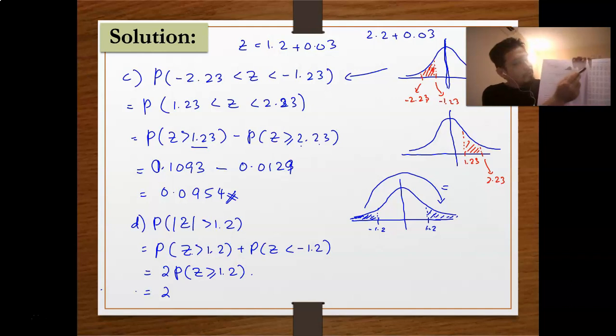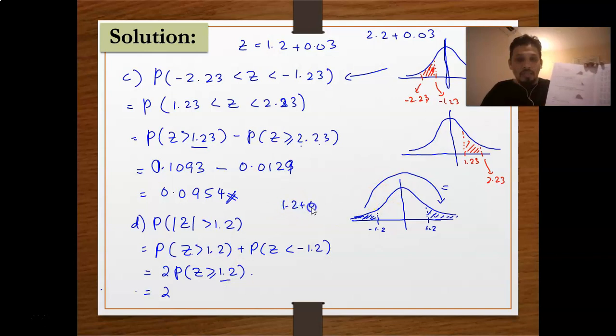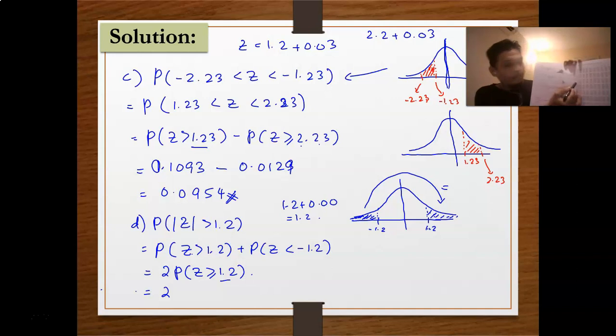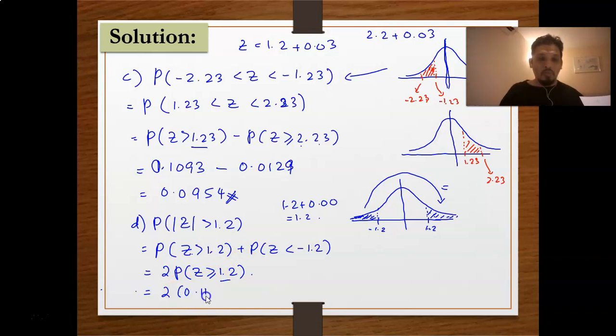Z from 1.2 plus 0.00 gives you 0.1151. So 0.1151 multiplied by 2 is equal to 0.2302.